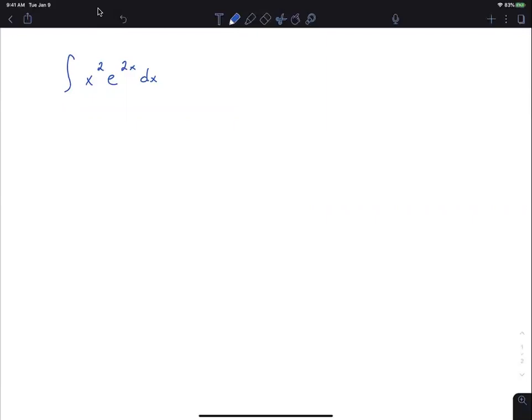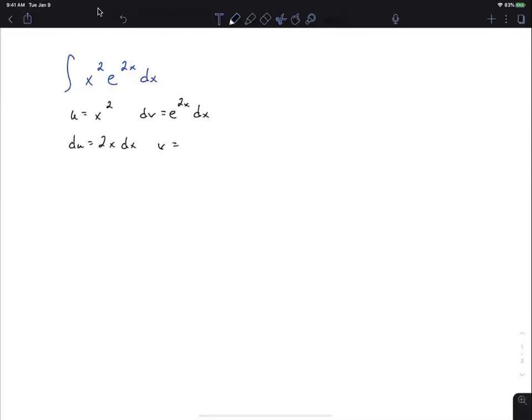All right, so based on what we were doing yesterday on this problem, we should let u equal x squared. We're going to let dv equal e to the 2x dx. And then if we do that, du is 2x dx.